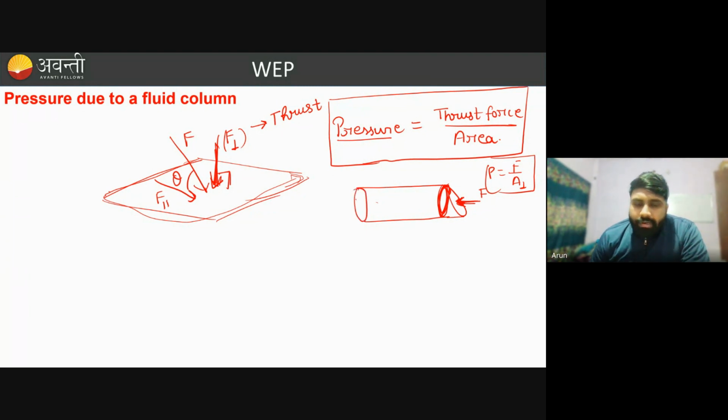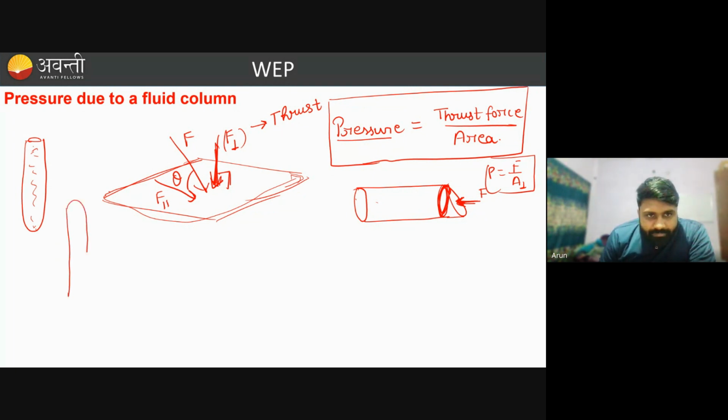Now, due to a fluid column, let's say we have considered a fluid column here, which is filled with fluid. Now we just invert it. And this is the cap here we have applied, and this is, let's say, water or any liquid. So the weight of this liquid is acting in downward direction, and this is the area.